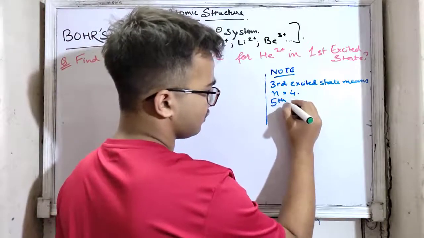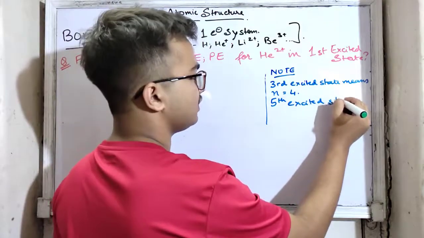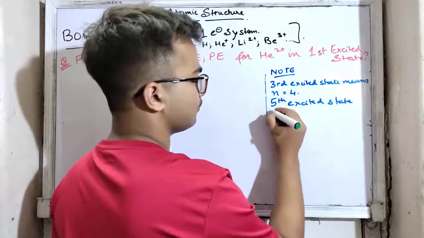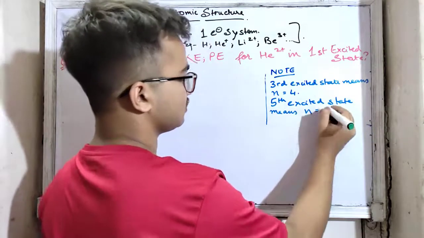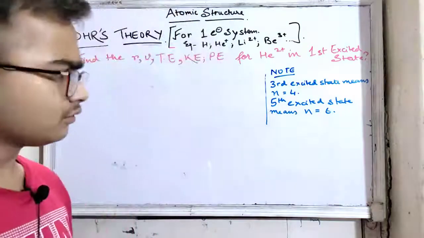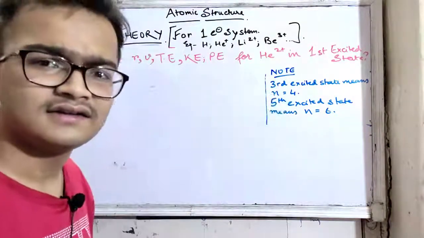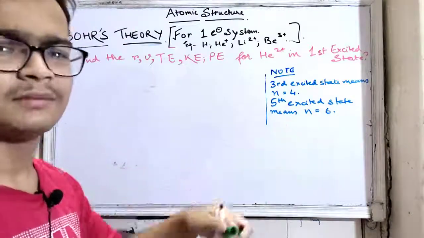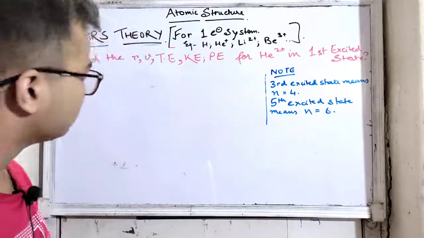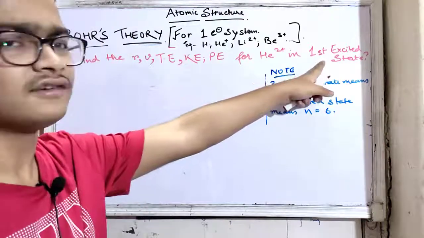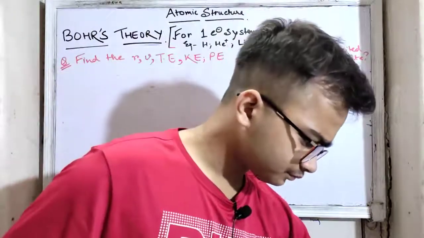Fifth excited state means n equal to 6. So like this, if it is given third excited state, then you have to take n equal to 4, that means 1 increased, and if 5, then you have to take 6. So here it is said for first excited state, that means here n equal to 2.